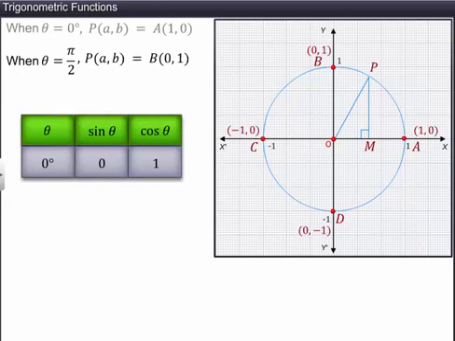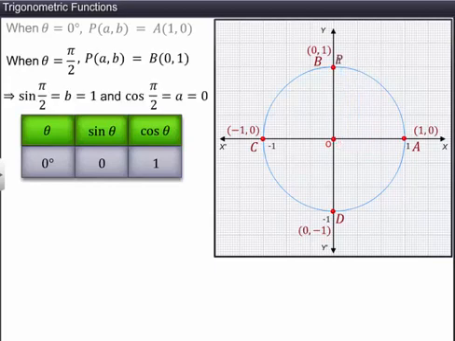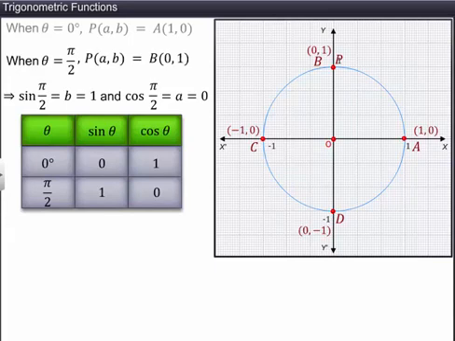When theta is equal to pi by 2, then point P coincides with point B. It implies that sine pi by 2 is equal to 1 and cos pi by 2 is equal to 0.